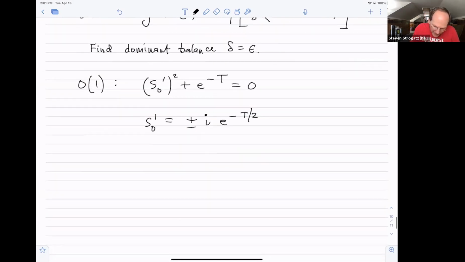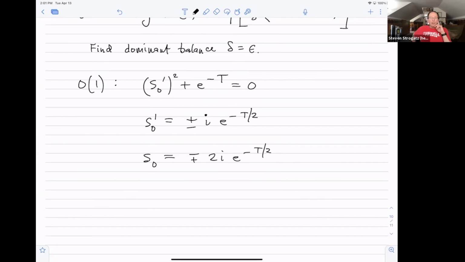And so my S0, when I integrate, is going to be minus over plus 2i e to the minus t over 2.